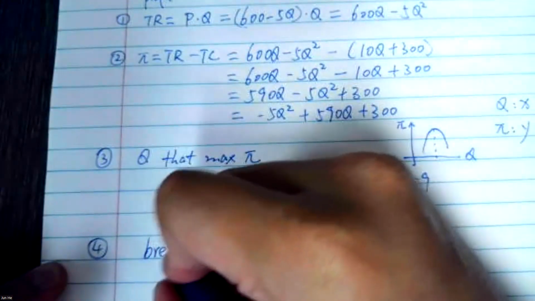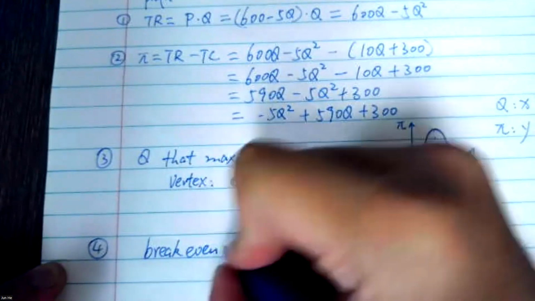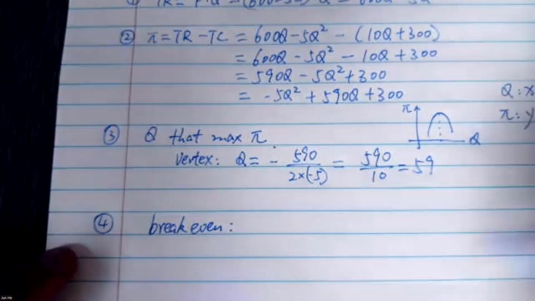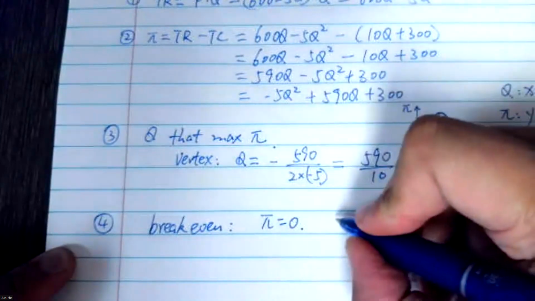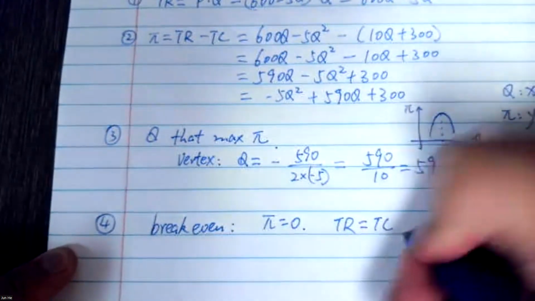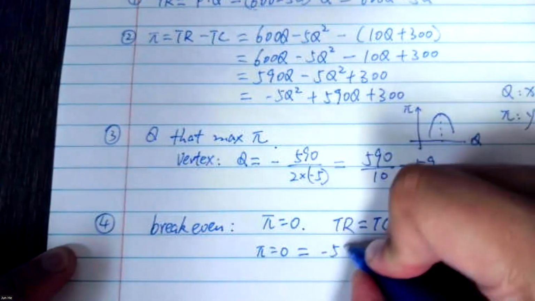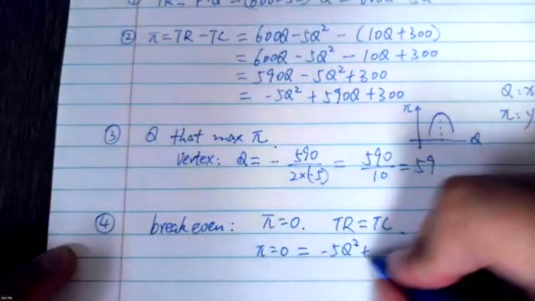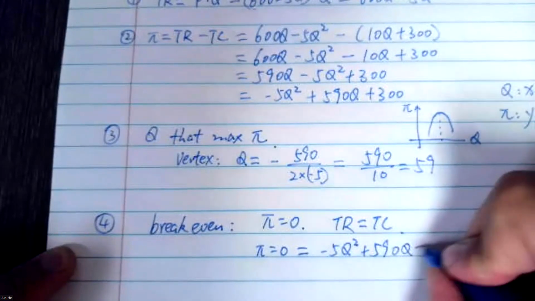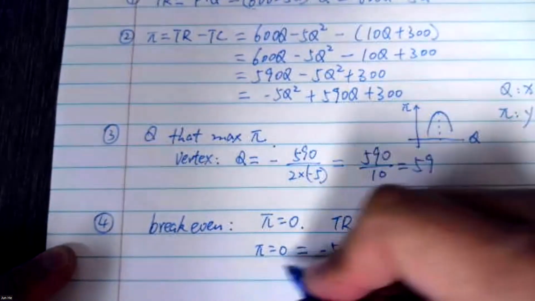And the last one, break even. When it's break even, that means pi equals 0. That means total revenue equals total cost. And here pi equals 0. That is minus 5Q squared plus 590Q minus 300 equals 0.